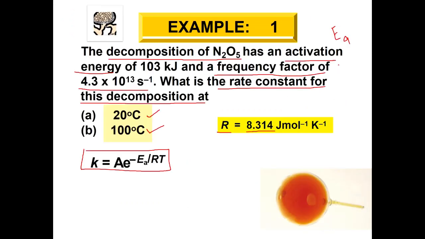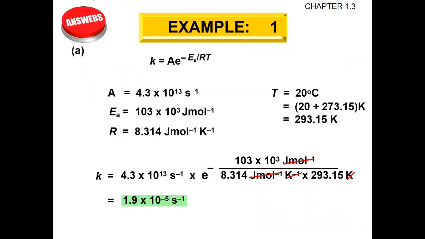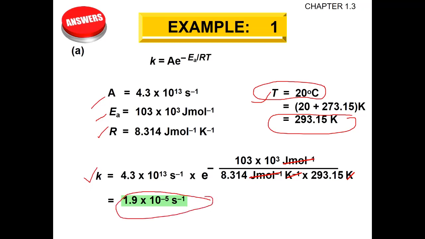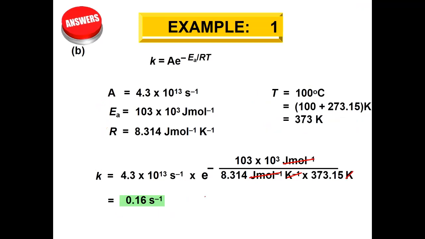Given A, EA, R and T. Please ensure your T in degrees Celsius is converted to Kelvin. Then by using the calculator, you can find your k is around 1.9 times 10 to the power negative 5 s negative 1.